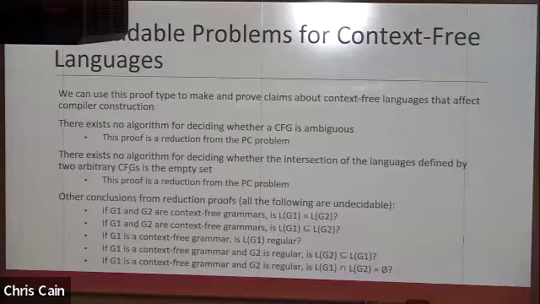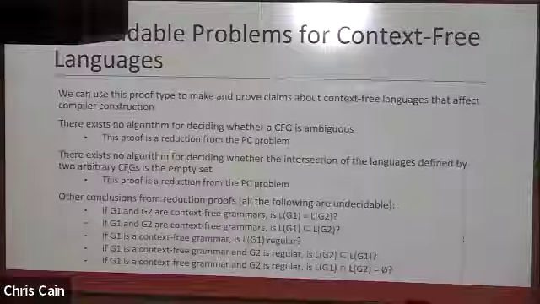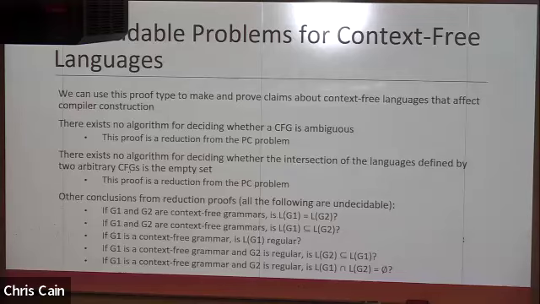But in order to say that it is a subset, you have to generate every string in grammar two, of which there are an infinite number, and show that you can also generate them in the language of grammar one. That process will never terminate. And at any point, it's ambiguous in that algorithm as to whether you just haven't found the counterexample yet, or whether it will spin forever.